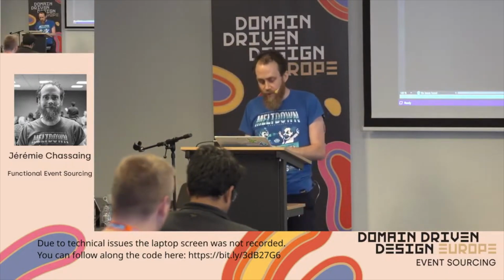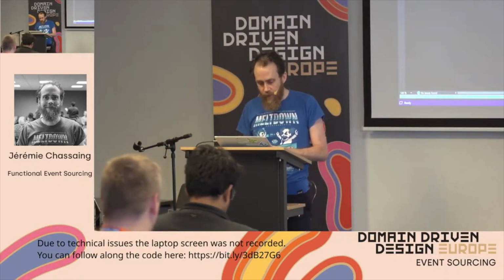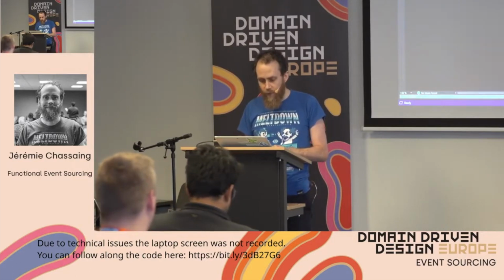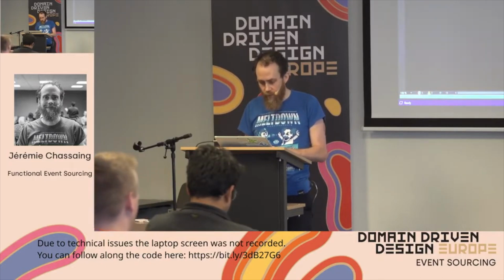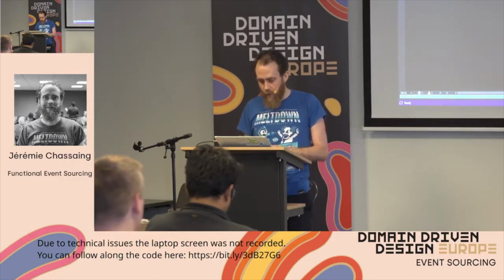So let's start. I will define a command type. For now, I don't know what it does, so I will just say do something. And I will also create an event type for my output that says something happened.